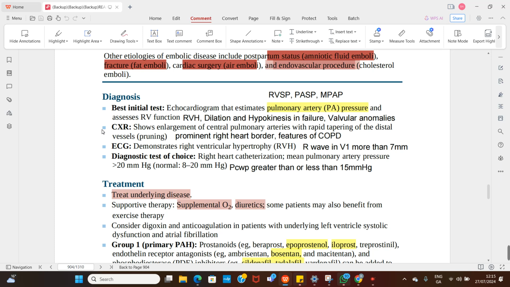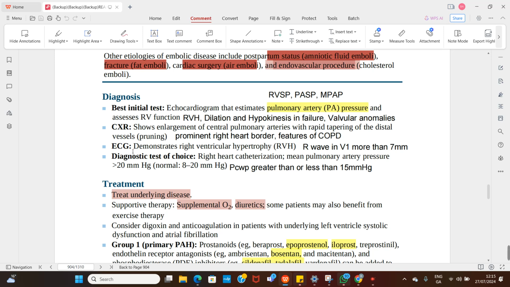The blood is confined within the high pressure zone of the central pulmonary artery, and it's not making it to the distal part. So there's going to be tapering at the distal part and enlargement at the central part. That is in keeping with what you expect for pulmonary hypertension. Don't forget that, because you can see this in the question: enlargement of the central pulmonary artery and tapering of the distal vessel. Very classic for pulmonary hypertension.